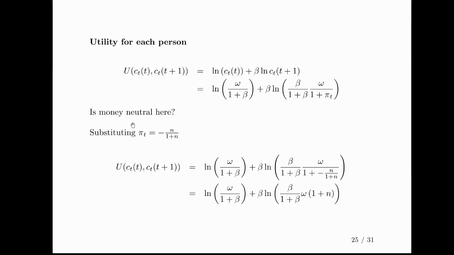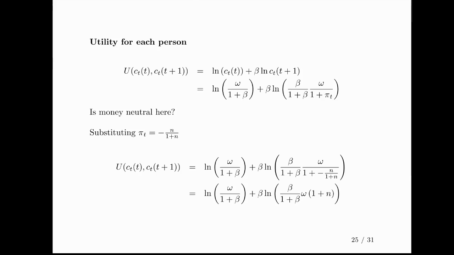So don't read the following. Just, is money neutral, or is the price level affecting utility? That's not an easy question to answer, so I'm going to say it again.